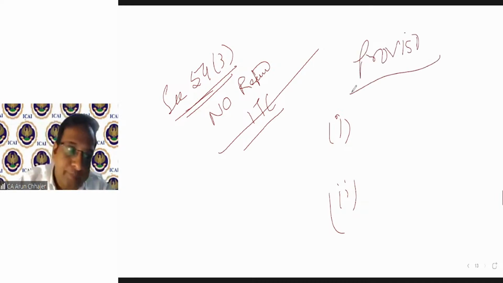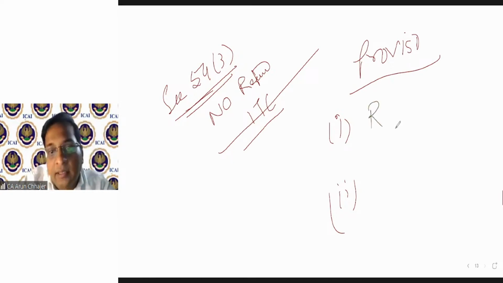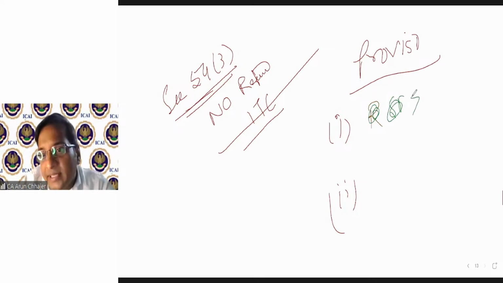What is clause 1? Clause 1 says supply of zero rated supplies under LUT.